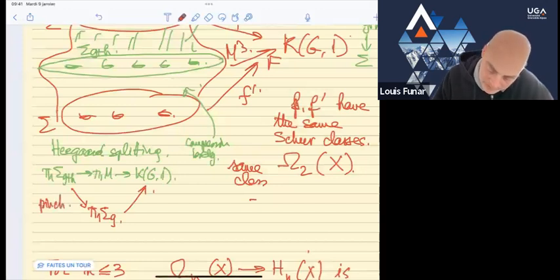So this map up here is corresponding to two ways.